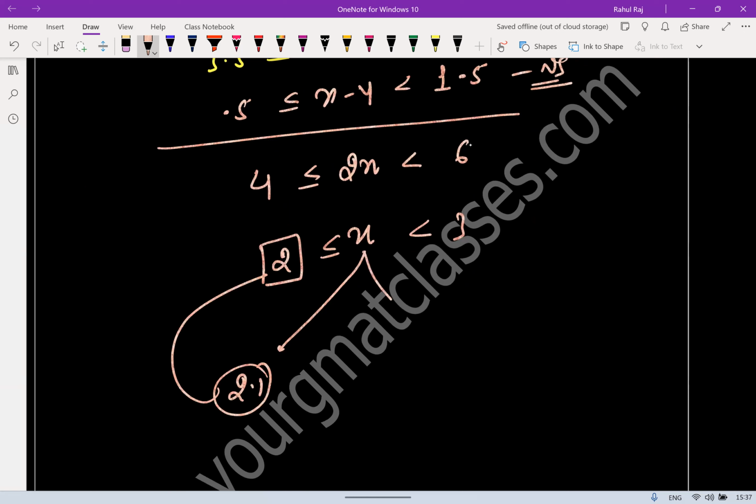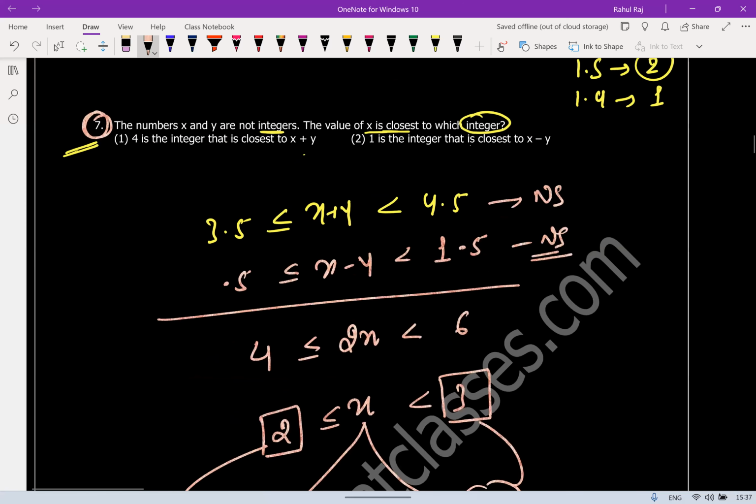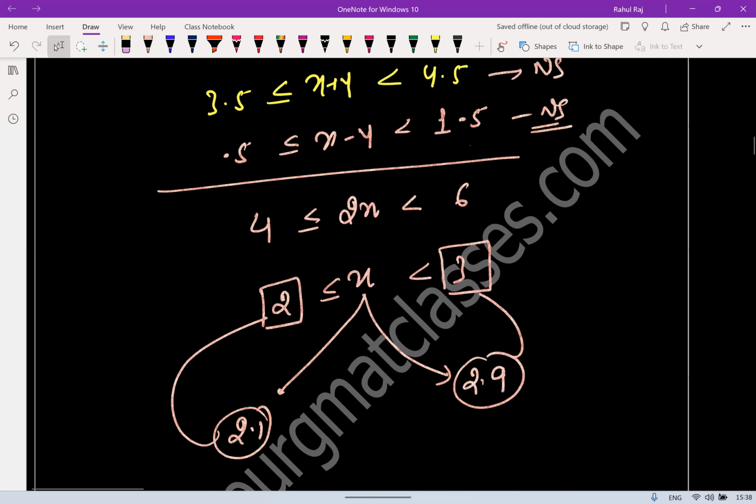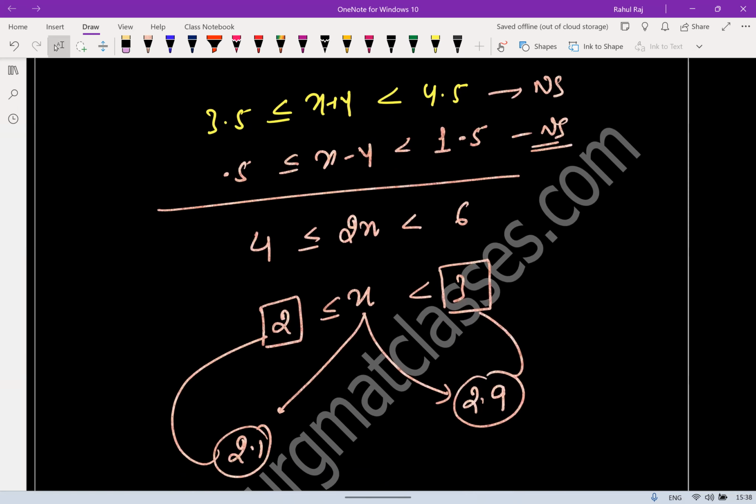But the value of x can also be 2.9, and this is close to integer 3. So there are two different values. You are asked, x is close to which integer? Technically, what type of question is it? You should have one numeric value as an answer. So we are getting two values. X can be close to 2 if the value is 2.1, and x can be close to 3 if the value is 2.9. So I can say this is not sufficient. Answer is E.